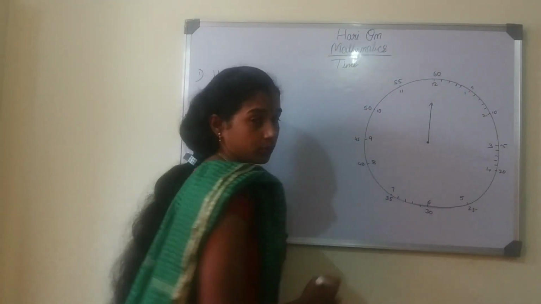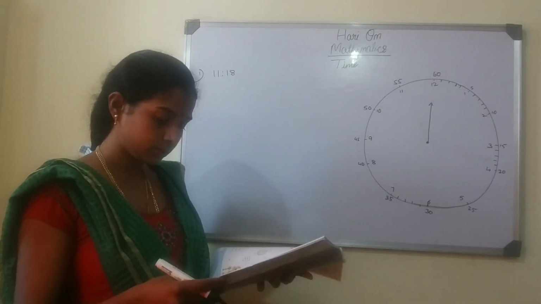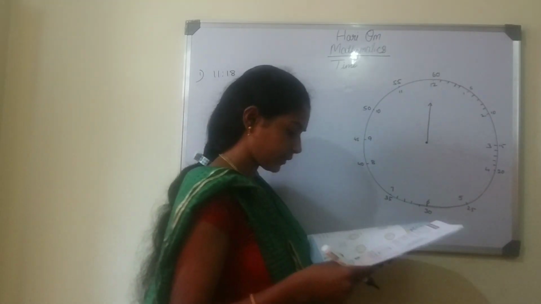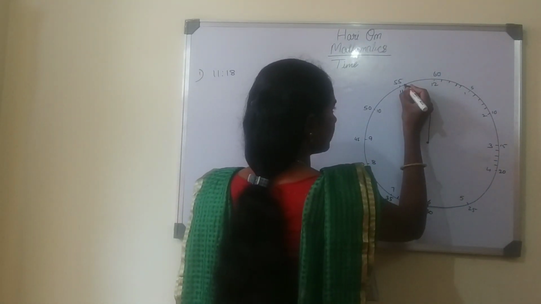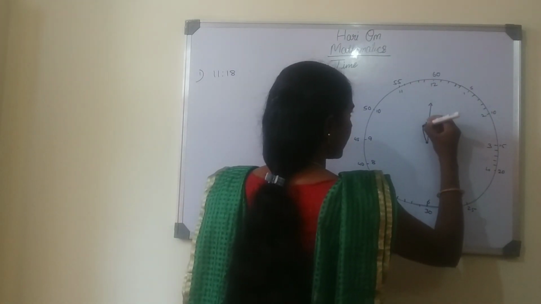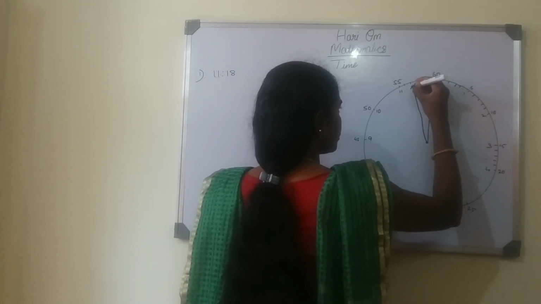It is almost closest towards 12, and the long hand is at 1, 2, 3, 4 and the long hand is at 2.